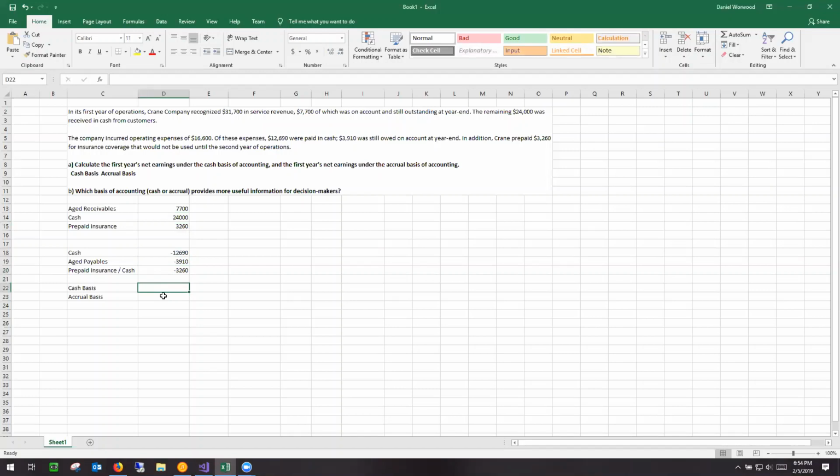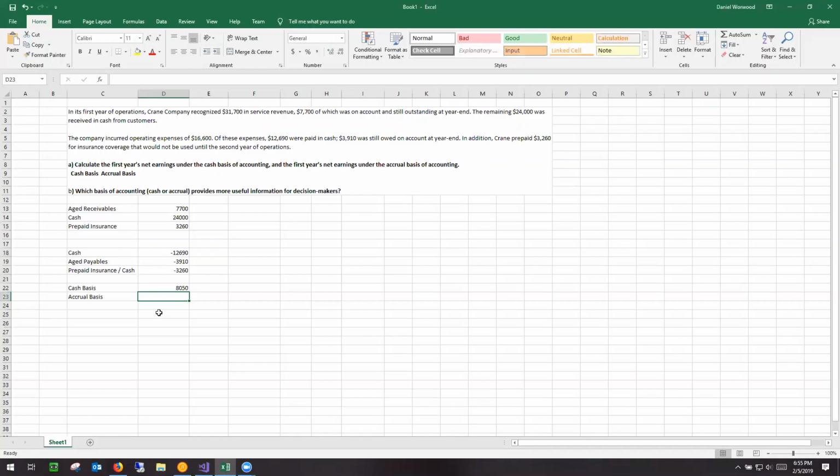So for that one, we can just do a simple sum. I'm going to sum that one, and that one. And that tells us that if they were doing accounting based on a cash basis, just looking at cash coming in and going out, only logging the transactions or the revenue as they come in, coming out, that's what it would look like.